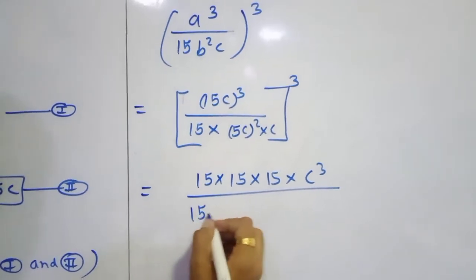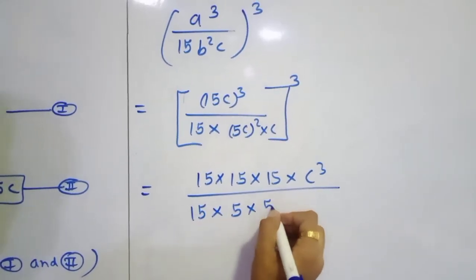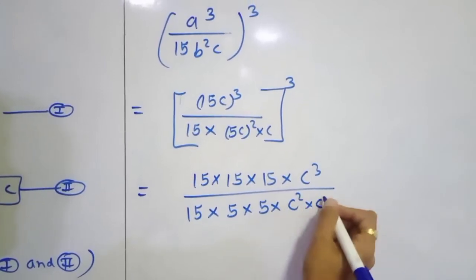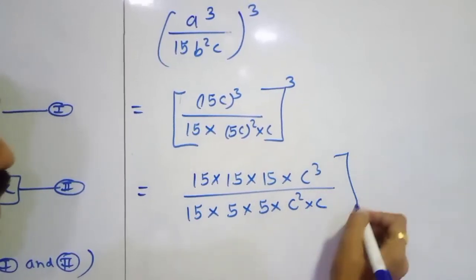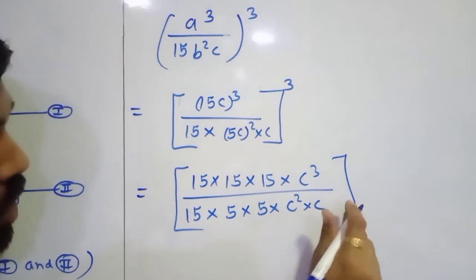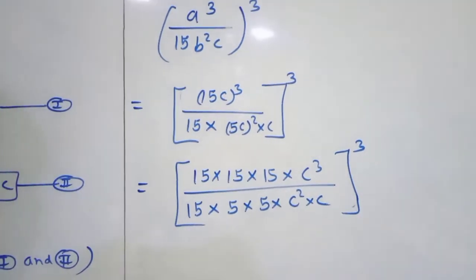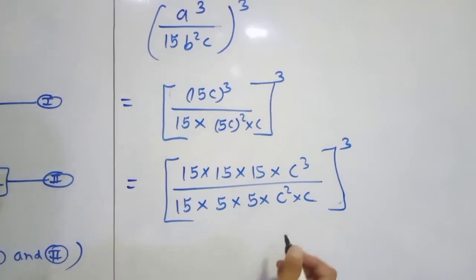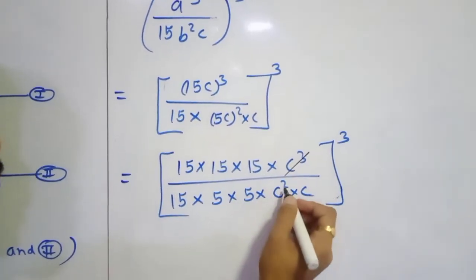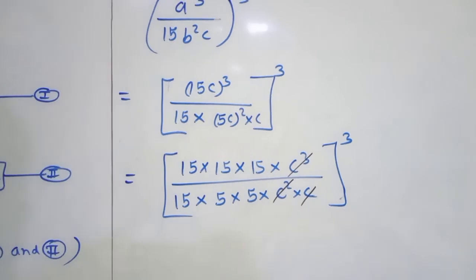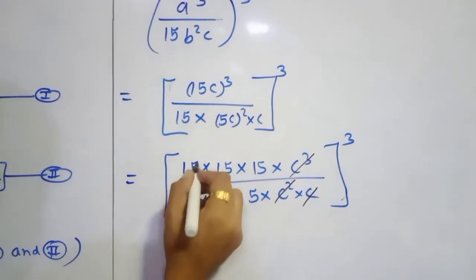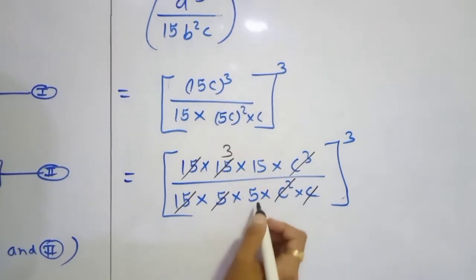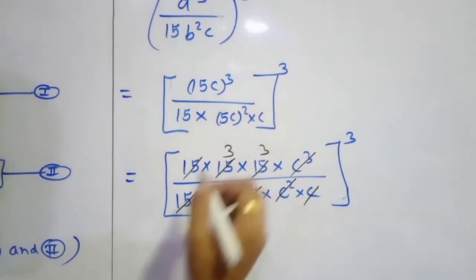And in the denominator, 15 into 5 into 5 into C square into C. Here we can do the cancellation: C cube, C square and C cancel, and one 15 cancels with another 15. 5 1s are 5, 5 3s are 15.